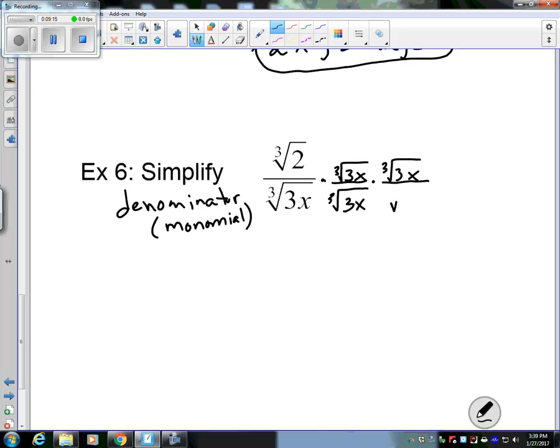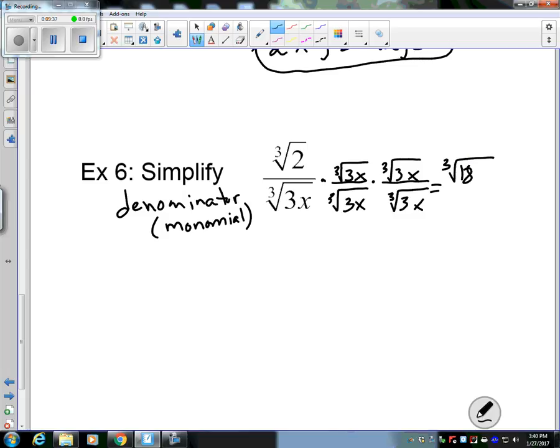And by doing this, we multiply out the numerator, so they're all cube roots, so we just multiply underneath the radical. So 2 times 3x, 6x times another 3x is the cube root of 18x squared.